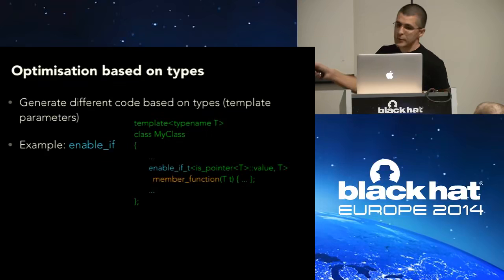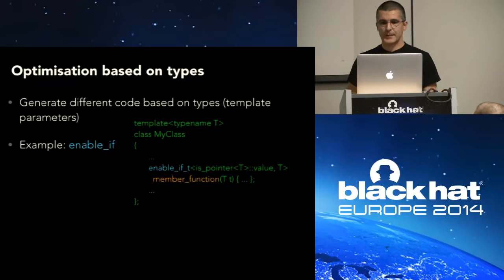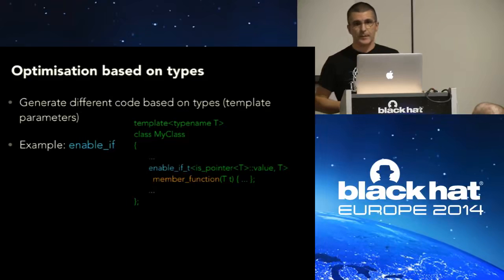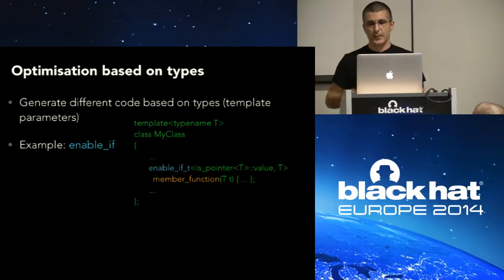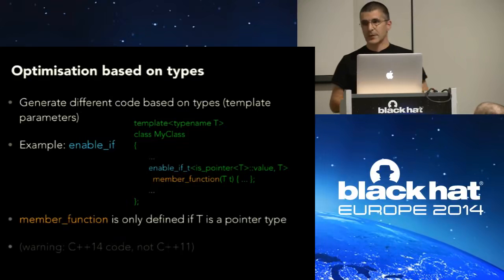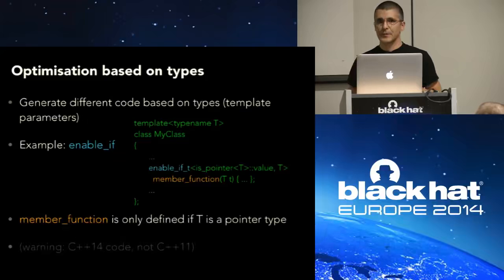You have a member function in your class, and if the type T is a pointer, it will be enabled. If it's not a pointer, your class will not contain the method. So it's a way to not generate code. You will generate different code based on types.